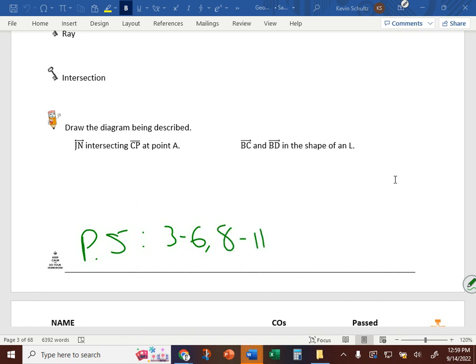Now, this homework can be done on the back side of CO1, so you can keep it all in your binder together. If you want to do it on a notebook piece of paper, you can do that. It's up to you. But this is what I'll be checking in for tomorrow.